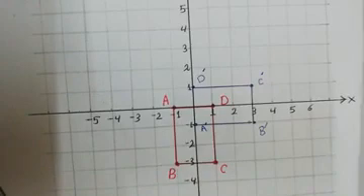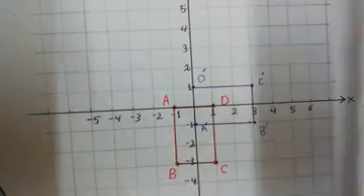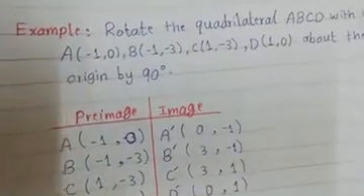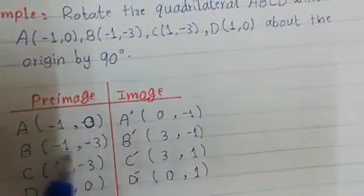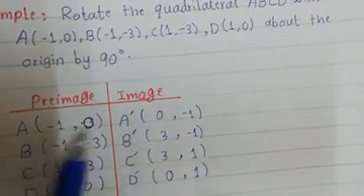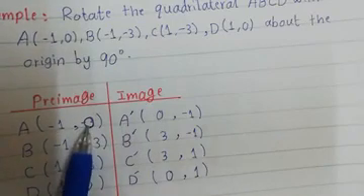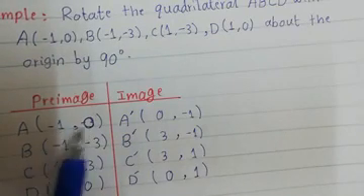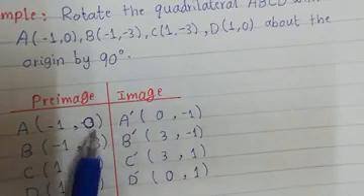If you rotate it about the origin by 180 degrees, you will not switch any coordinate. You will keep them, but you will change the sign for each.